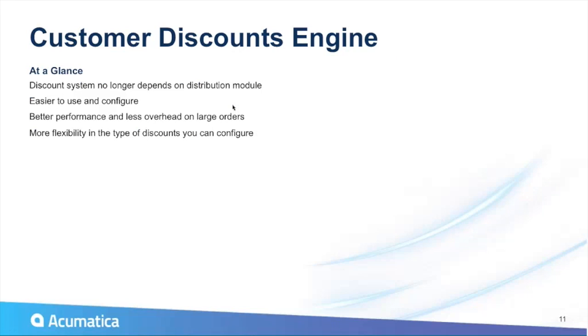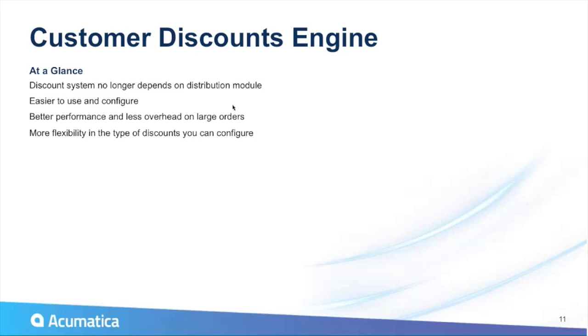So right now, today, if you want to use discount calculation in Acumatica, you need to buy and activate the distribution module. We removed that requirement. So you may now use discount codes from the AR module. We've also made it far easier to use and configure. We've improved the performance, especially if you're working with very large orders in the system.